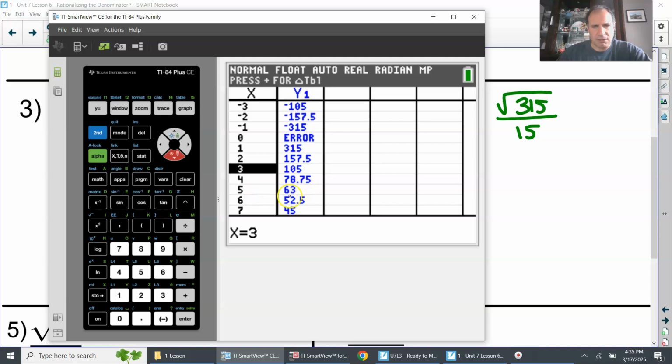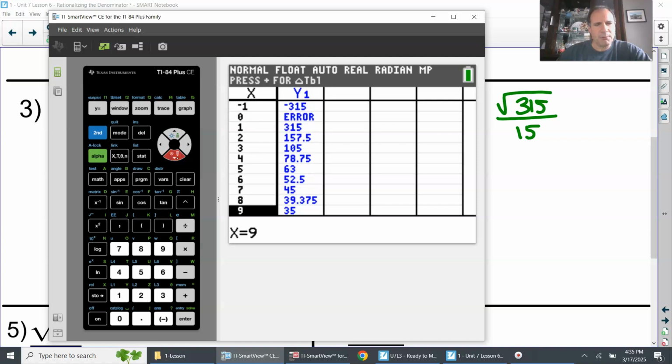You're looking at the larger numbers. 5 times 63, no perfect square yet. 45 is not a perfect square. 35 is not a perfect square. There are no perfect squares that go in.